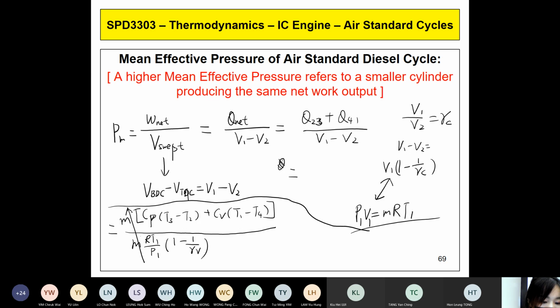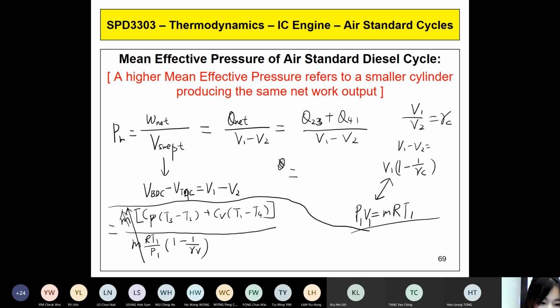Because we have a non-flow system, the amount of air does not change, so we can cancel this term.